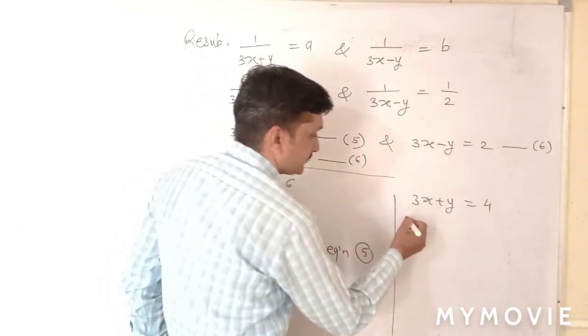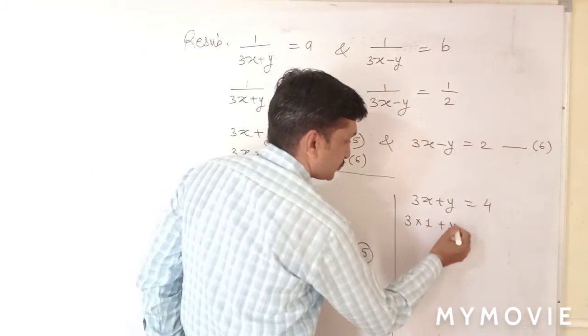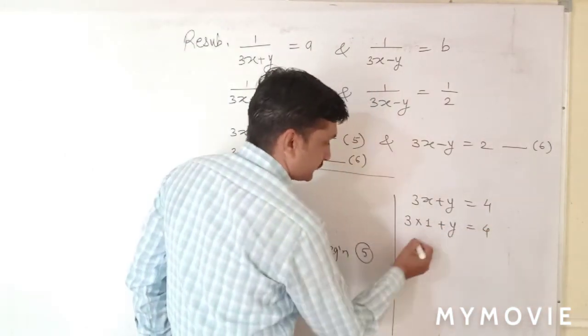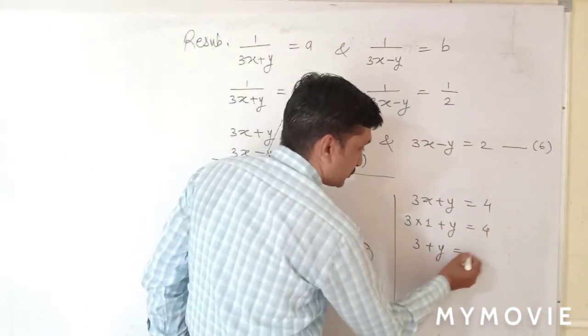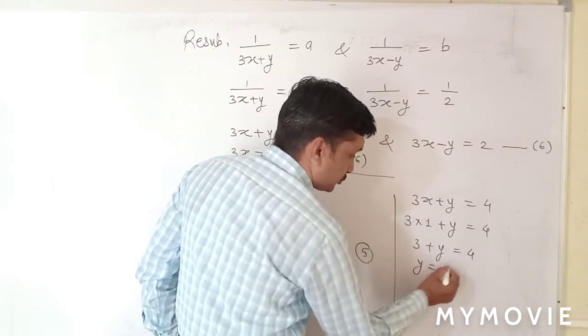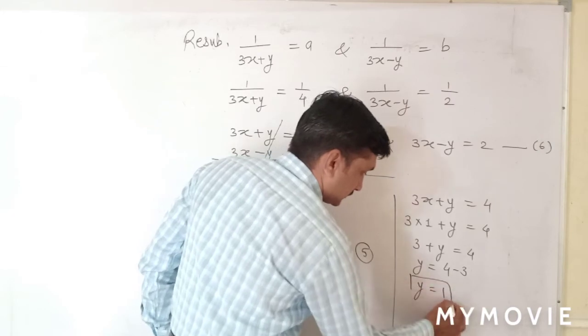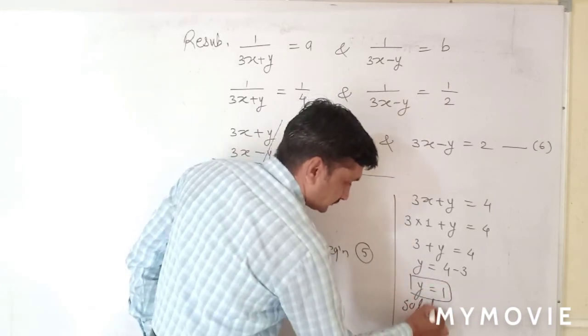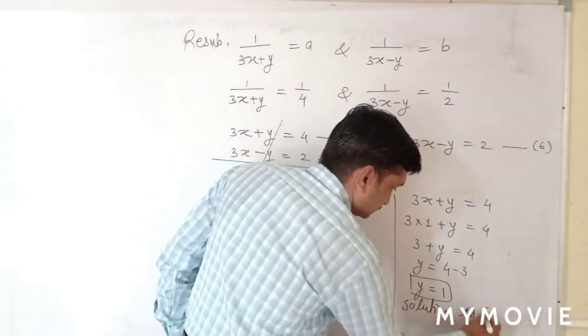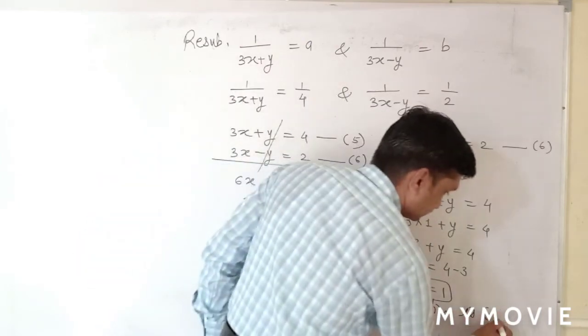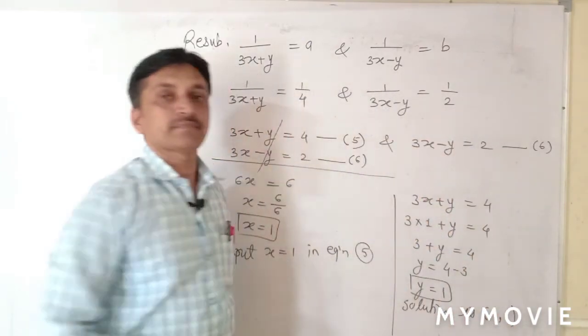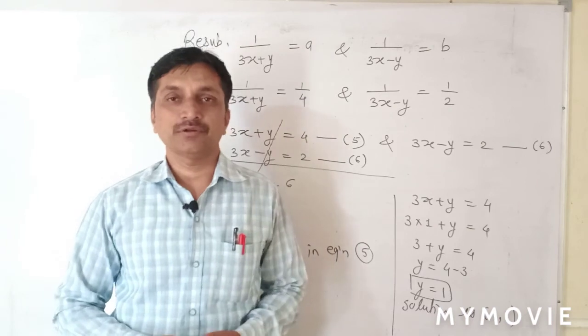I put the value of x here: 3 multiplied by 1 plus y is equal to 4. 3 1s are 3, plus y is equal to 4. y is equal to 4 minus 3, y is equal to 1. And therefore the solution is x equals 1, y equals 1. This is the solution of this example.